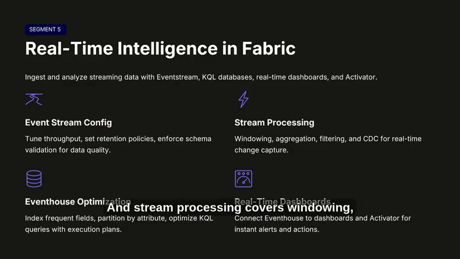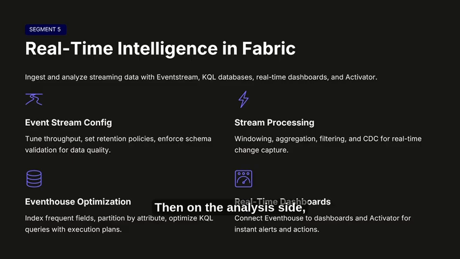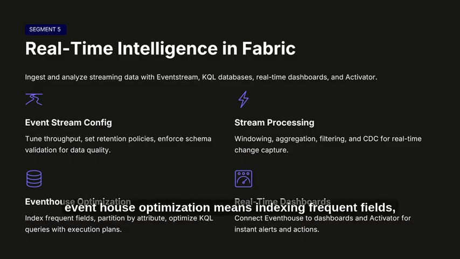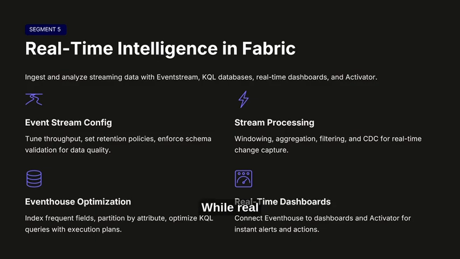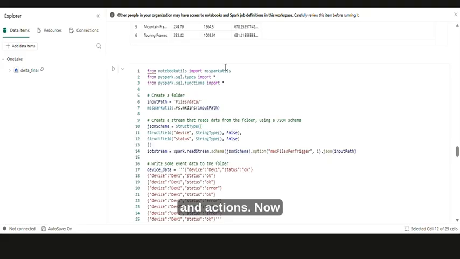And stream processing covers windowing, aggregation, filtering, and CDC for real-time change capture. Then on the analysis side, Eventhouse optimization means indexing frequent fields, partitioning by attribute, and optimizing KQL queries with execution plans, while real-time dashboards connect Eventhouse to instant alerts and actions.